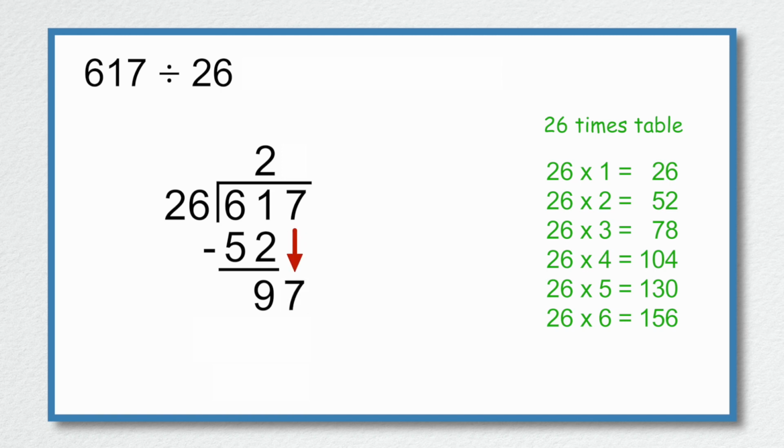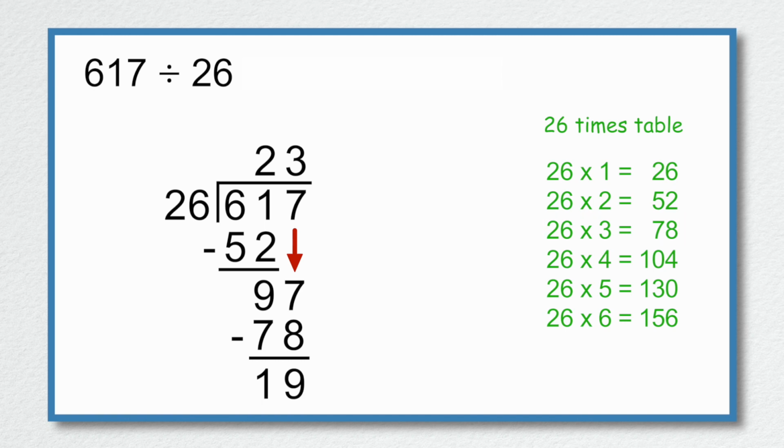97 divided by 26. And we can see that 26 doesn't go exactly into 97. We can see that 3 lots of 26 is 78, whereas 4 lots of 26 are 104. 3 lots of 26 is 78. We subtract that away from the 97, and we are left with a remainder of 19.